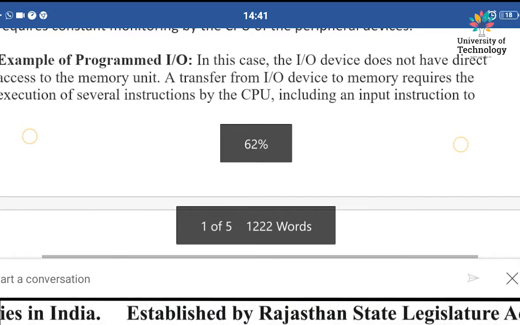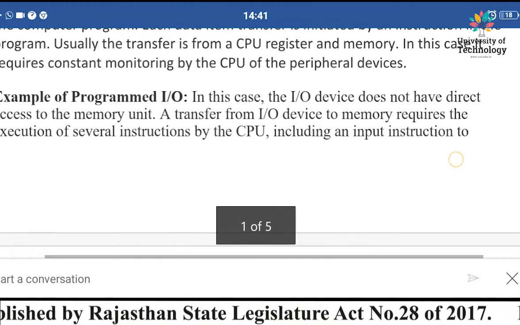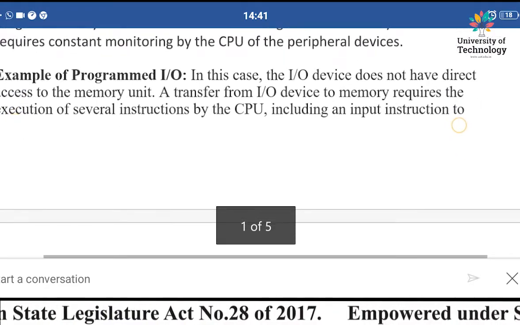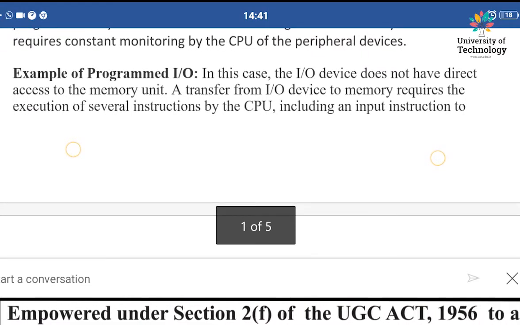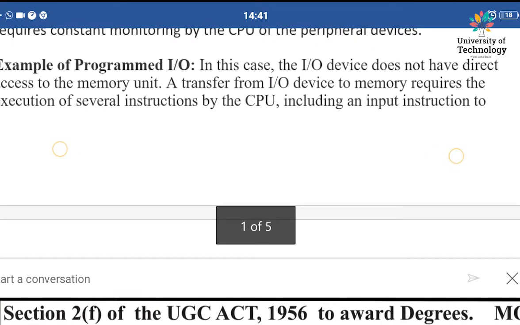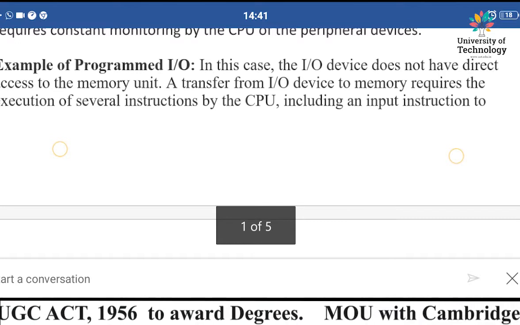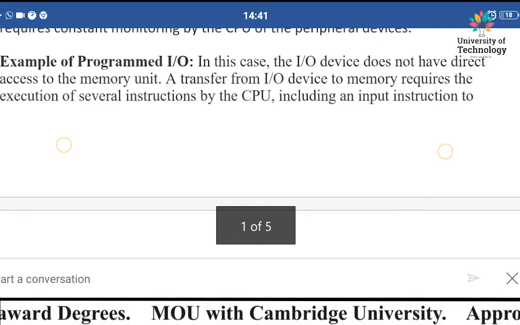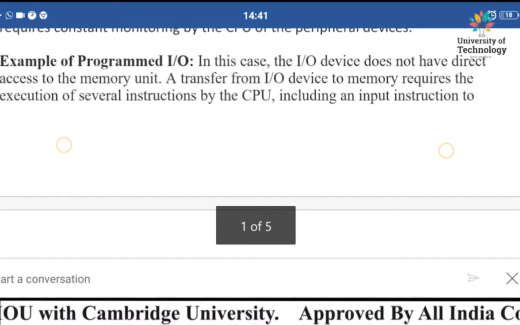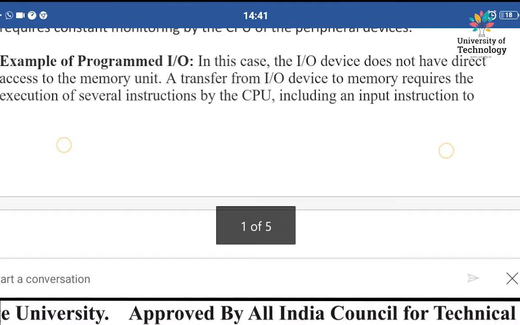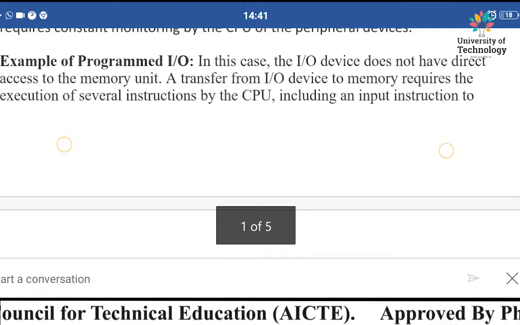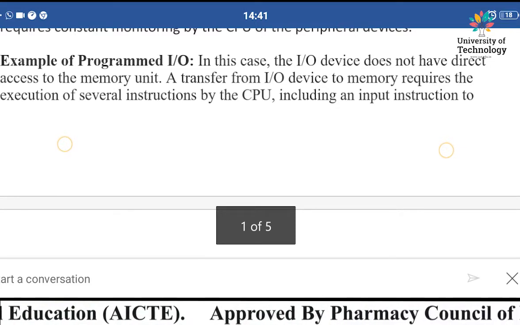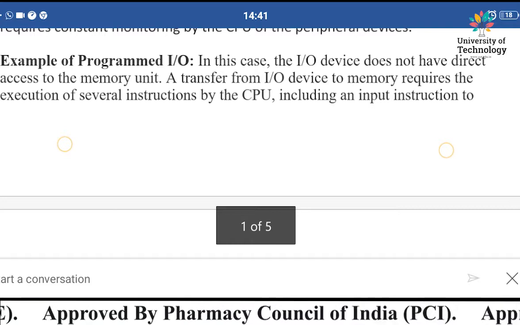So we are taking an example to understand this in a better way, that is, what is program input output. So in this case the input output devices do not have direct access to the memory unit. So what exactly happens in program input output? The input output devices, whether it's a keyboard, a mouse, or output devices like a monitor, whatever the device may be, they do not have direct access to the memory.